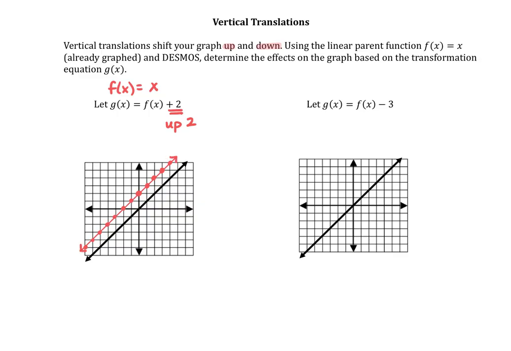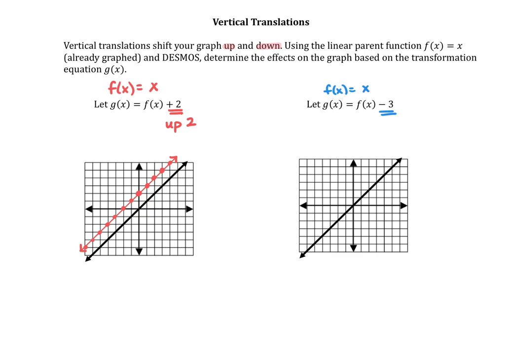All right, so again, to see the second example, I could go back into Desmos. Again, I'm going to type my original function, which is f of x equals x. That is the line you see on the given graph. And then it says, let the new function equal the original function minus 3.